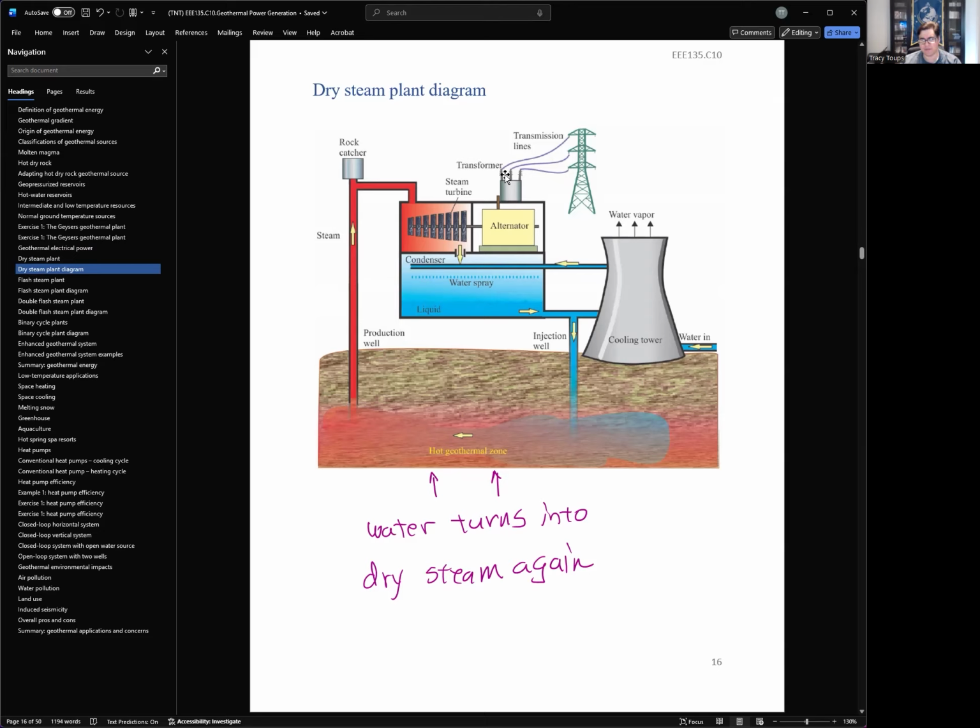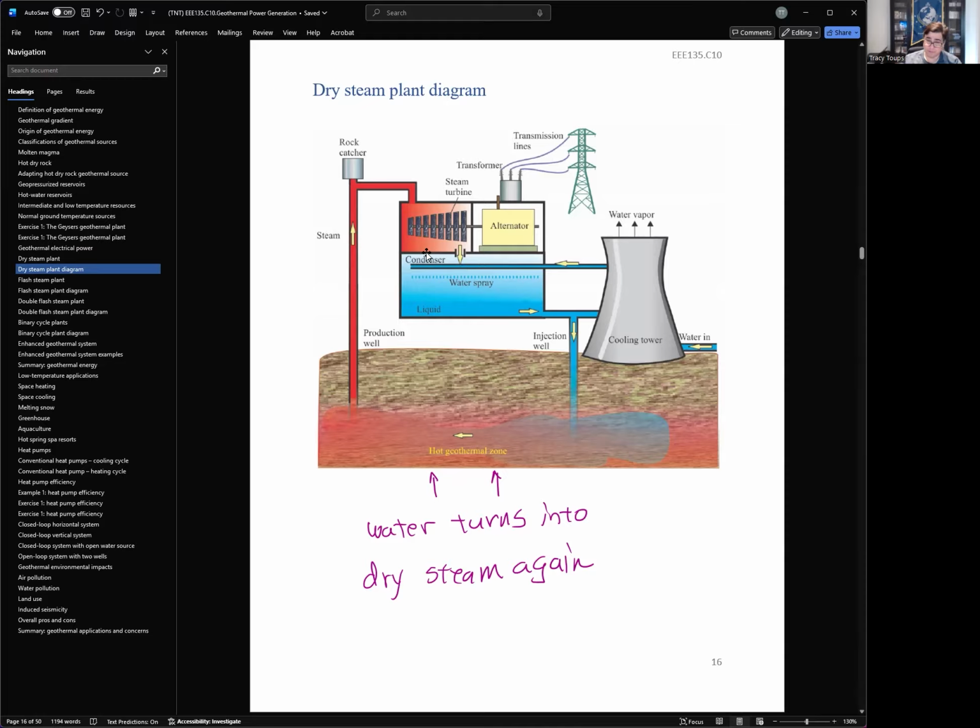Once the high-pressure dry steam enters the steam turbine, a lot of the heat will be lost because we're letting it expand. As the steam expands, it spins the turbine like a fan. So when it exits, it's low-temperature steam. We're not done yet. We talked about this before: you have to put it back in liquid form.